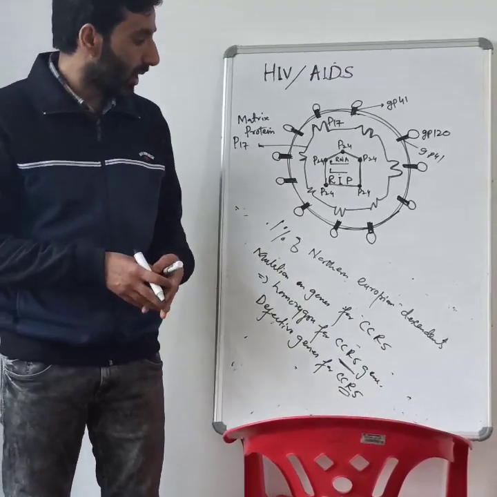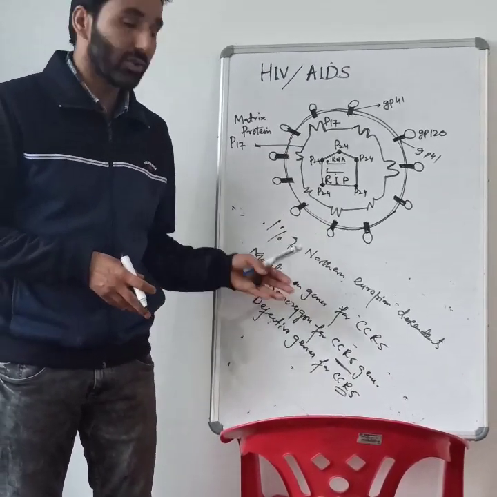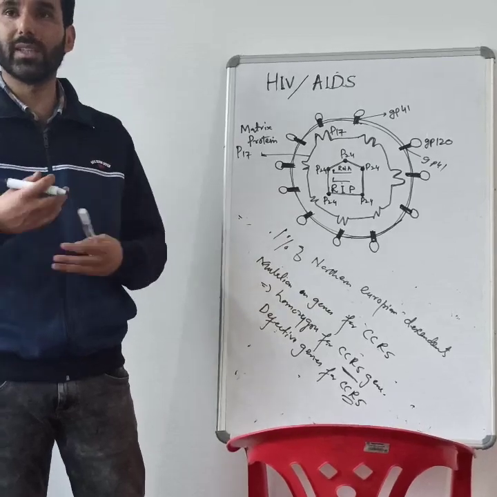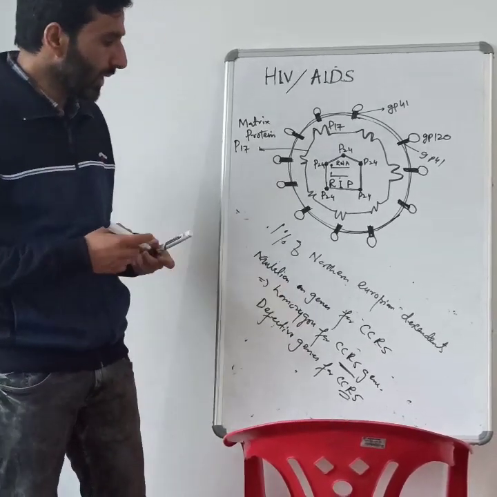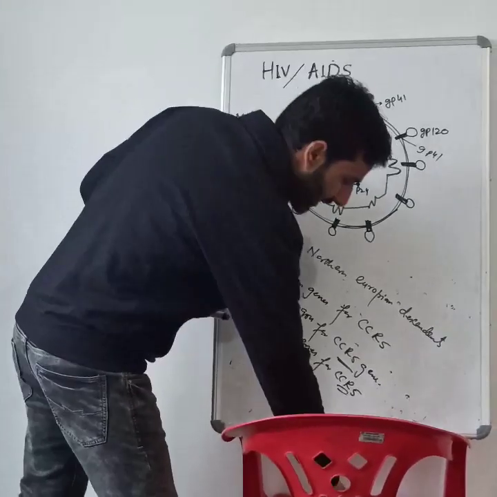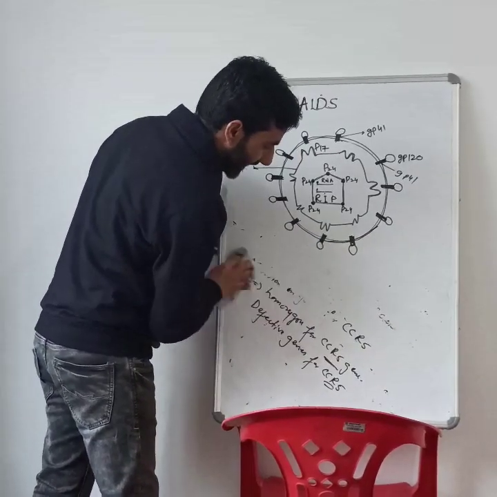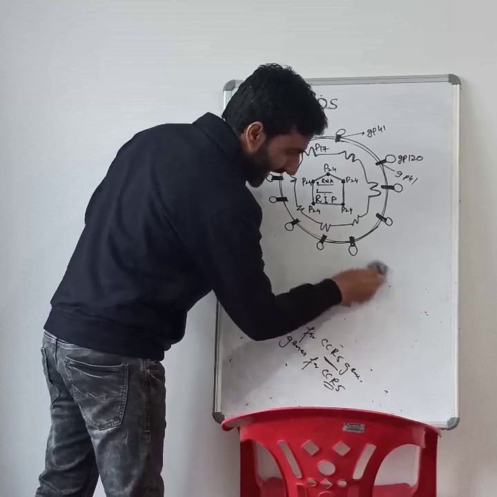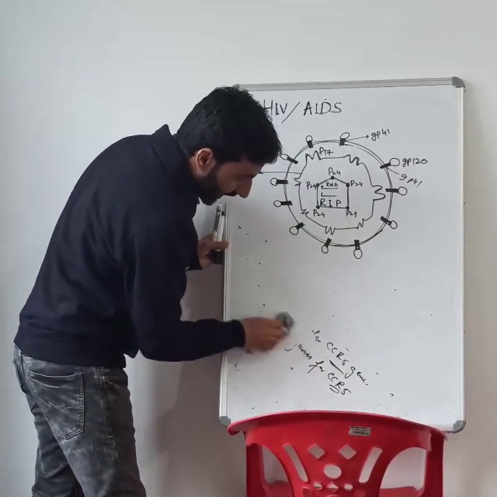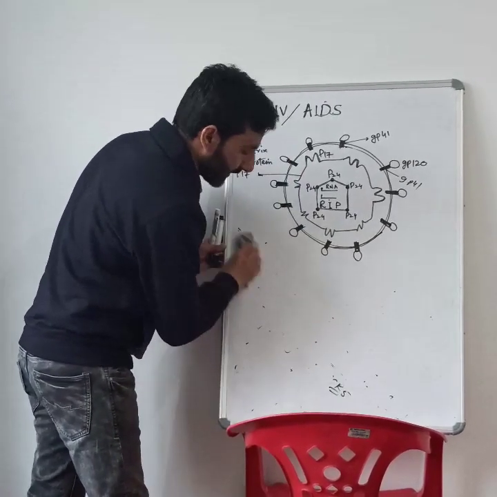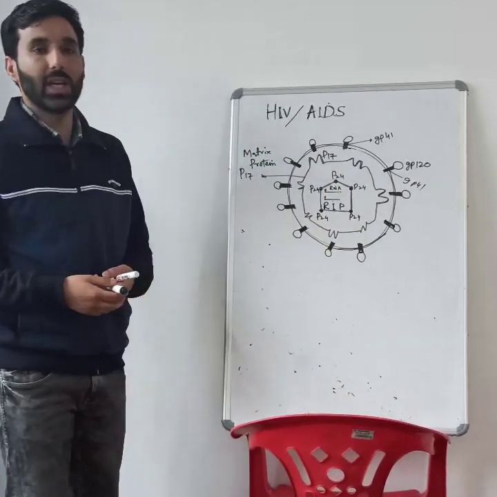So these people do not develop AIDS because of natural immunity. They have natural immunity for this virus. So we can say that if a person has HIV, it does not mean that the person has AIDS.